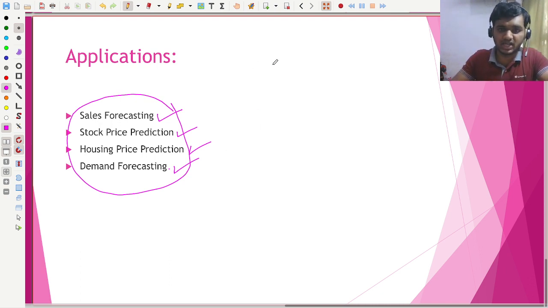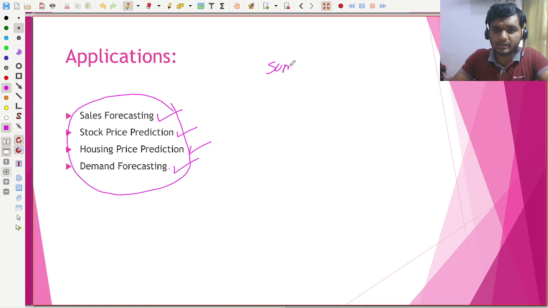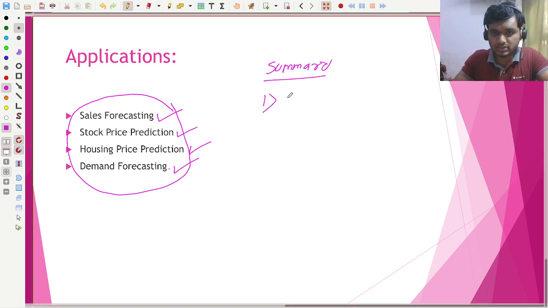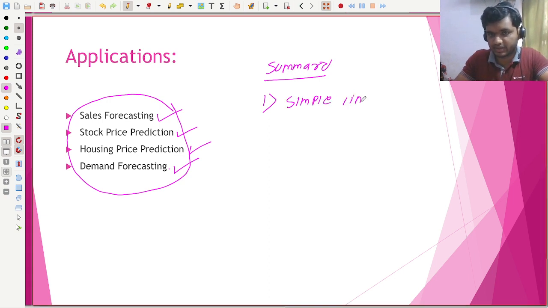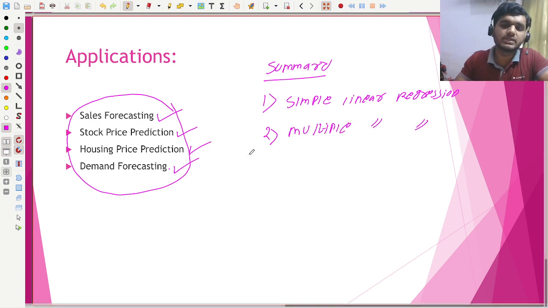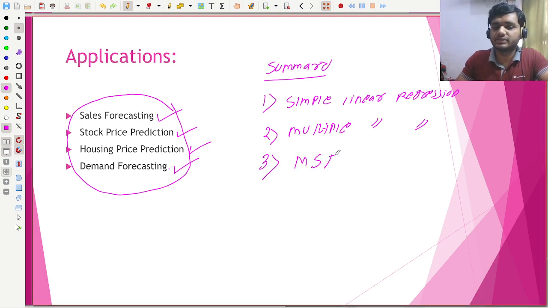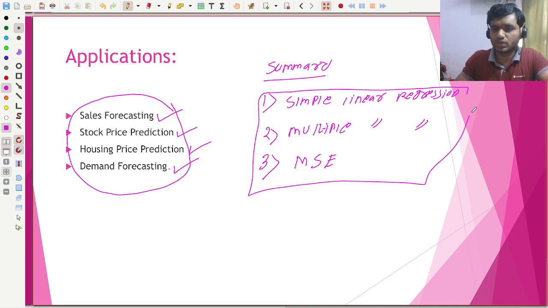In today's class we'll discuss simple linear regression, then multiple linear regression at last. Then we'll also discuss mean square error with an example.